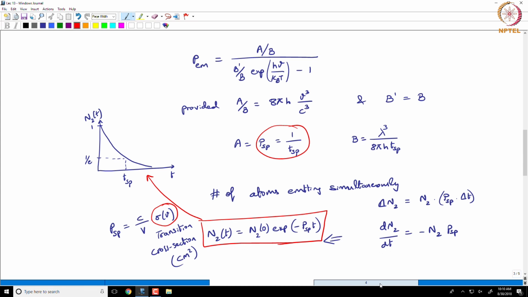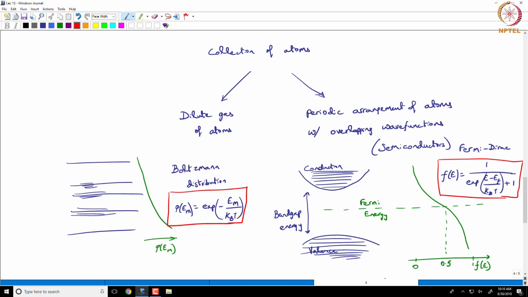So, beyond that, we went on to defining what type of atomic systems we are going to deal with.